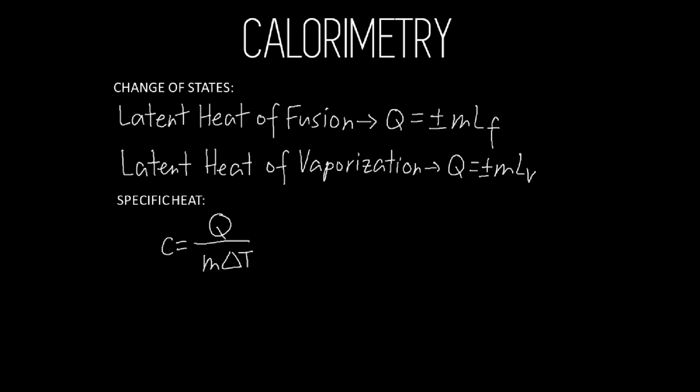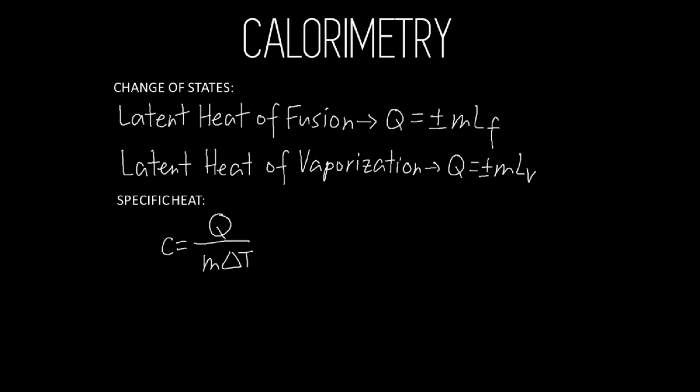Now, let's define the meaning of latent heat. Latent heat is the name given to that amount of heat which changes the state of a body without changing its temperature. Let's first talk about the latent heat of fusion.